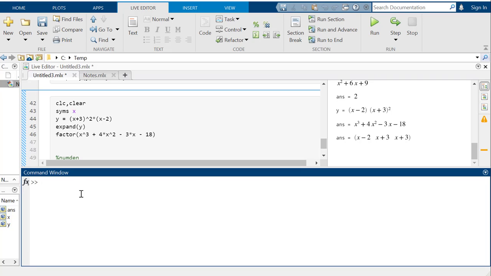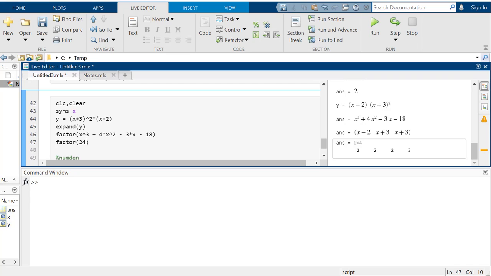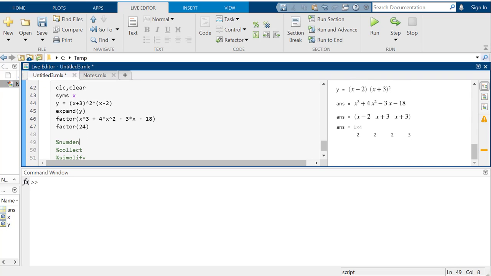If I ask you to factor 24, it's going to come out with the factors of 24. So factor works for symbolic and numeric data types. That's called an overloaded function, where it can do multiple things depending on the kind of input you give it. So that's something to be aware of.